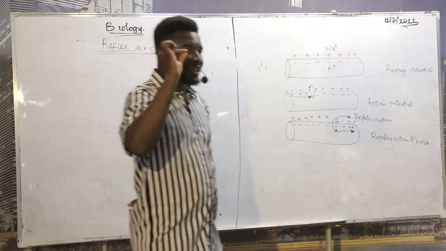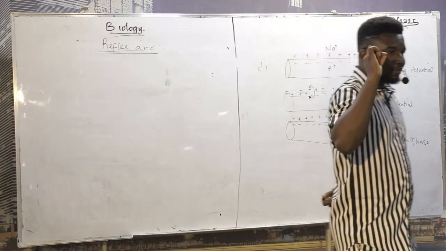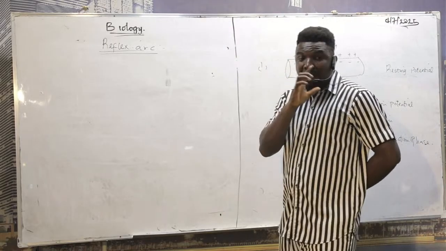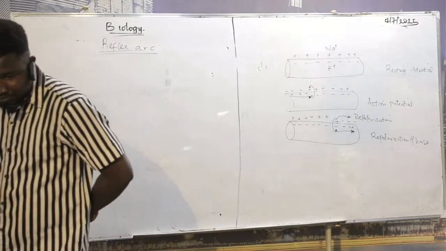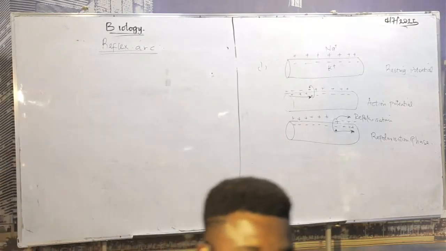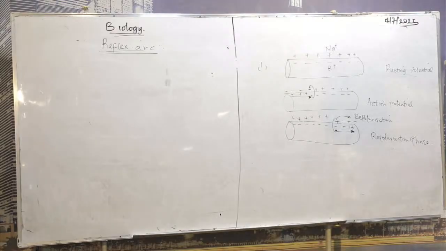What is a reflex arc? A reflex arc is the pathway taken by what? A reflex action during its what? Transmission. I said a reflex arc is that pathway taken by a reflex action during its transmission. You know what I mean by transmission?